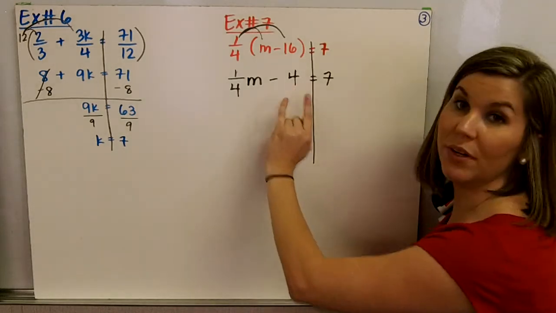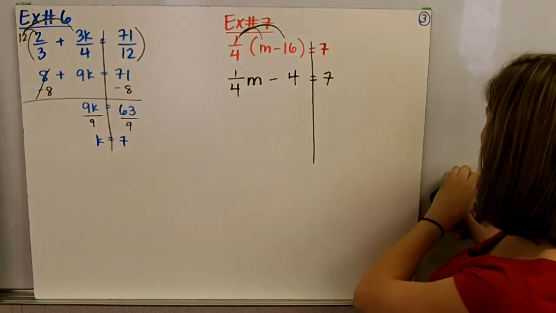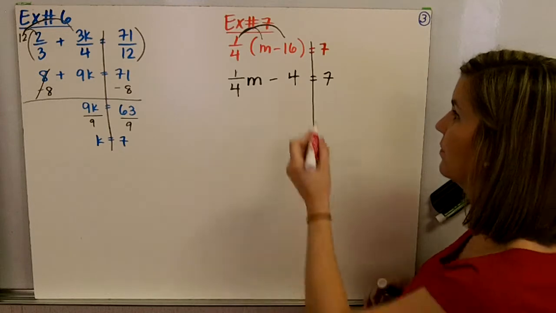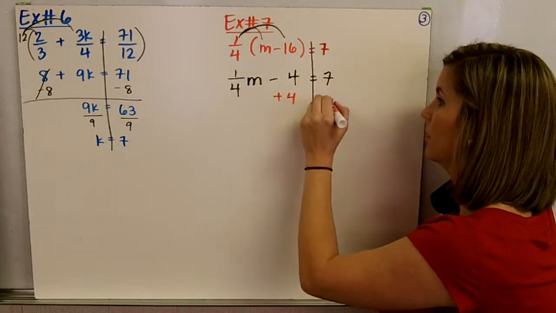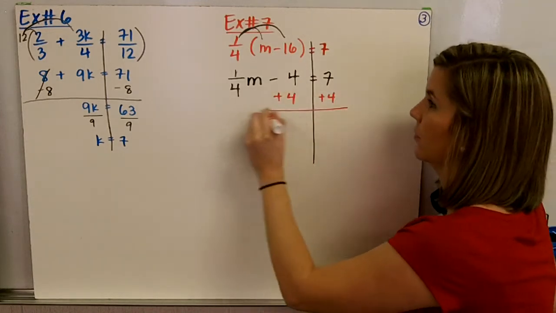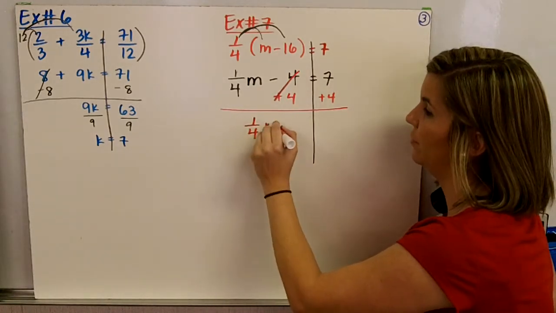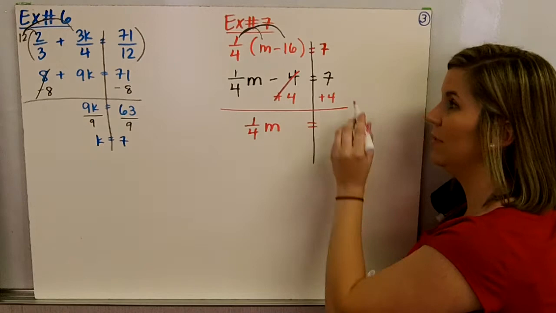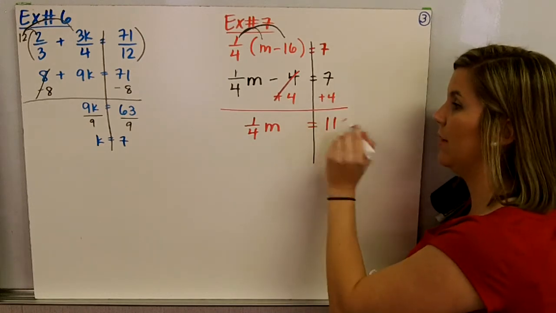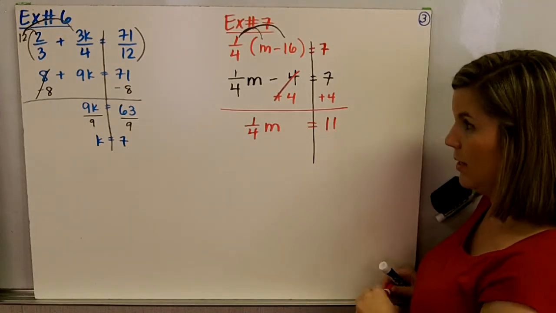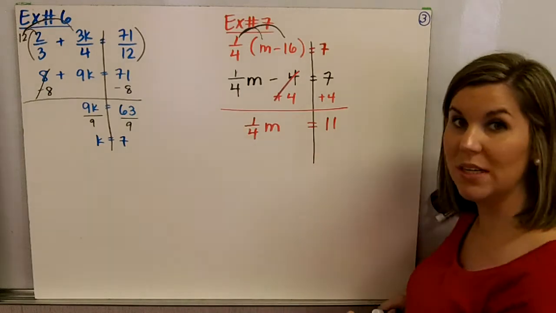Now, I need to get rid of the subtraction, so I'm going to add 4 to both sides. Negative 4 plus 4, those cancel out, gives you 0. 1/4 m equals 7 plus 4 is 11. Now, this is 1/4 times m.